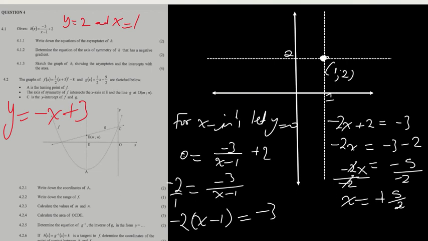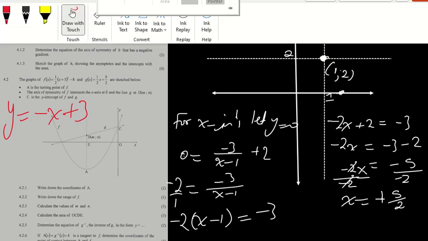I don't know what 5 over 2 is, as I don't have my calculator with me, but I'm pretty sure that 5 over 2 is a point somewhere here. My PC is running low, guys. I need to get the charger. I'm sorry, let me pause the video.